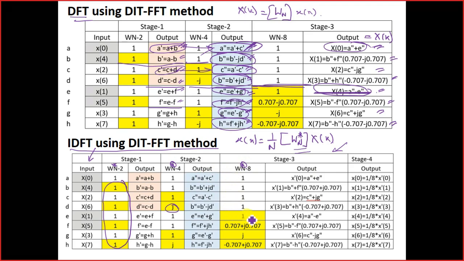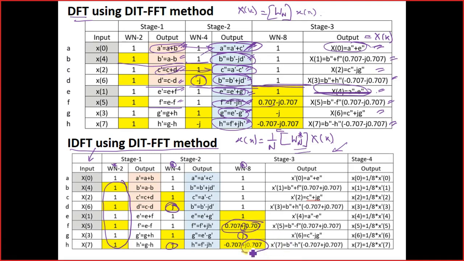Okay, so see these values and compare them with the previous values in the previous table. These are conjugates. These are conjugates. 0.707 minus j 0.707, see, it has become plus. Similarly, minus j has become plus. Similarly, over here, minus j 0.707, it has become plus.